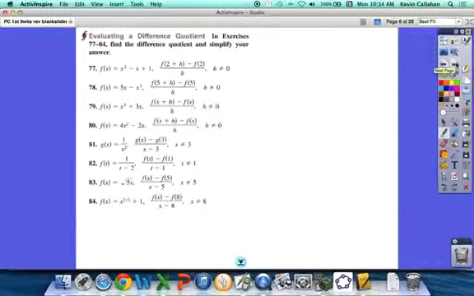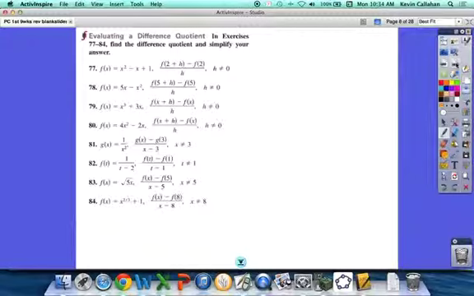Okay, difference quotients. Right? Can you do a difference quotient? This is coming from 77 to 84, that's page 44. There are times when I think we do worse when they have numbers involved here.